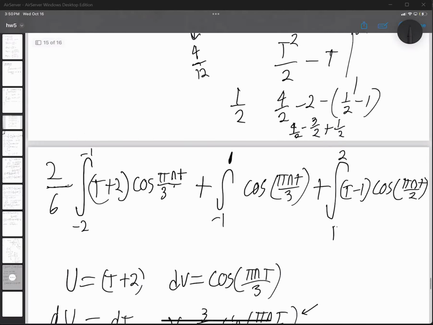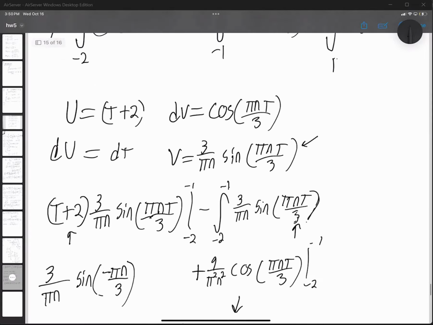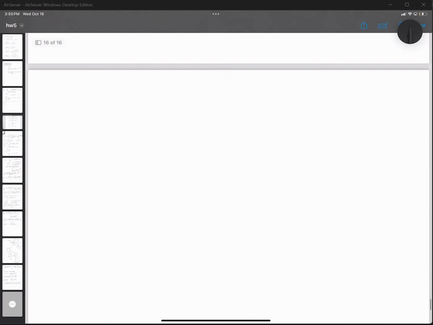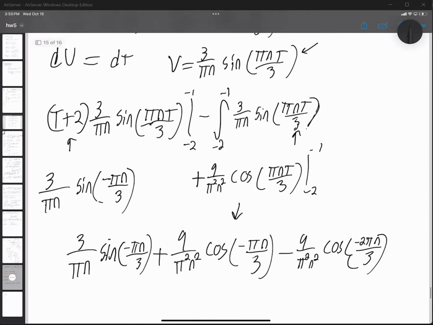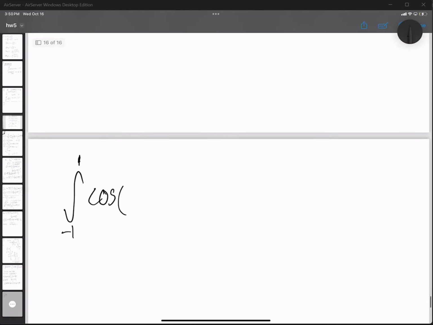Okay. Next integral is, let's see, cosine by itself, which is actually a fairly easy one. Cosine of pi n t. Okay.